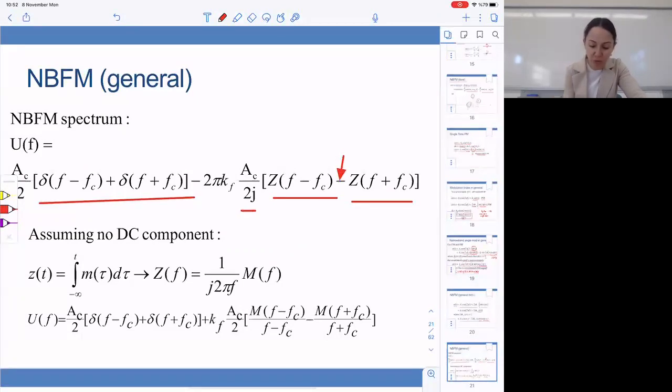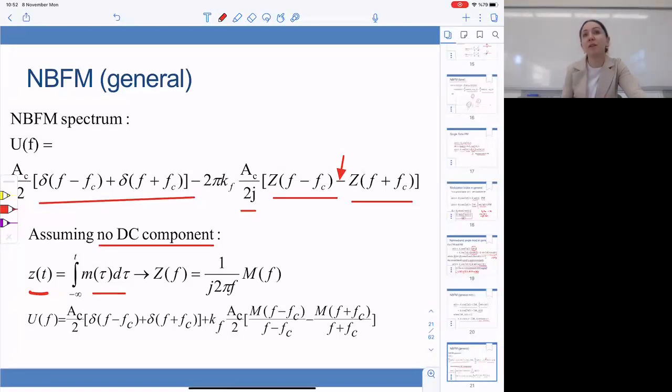And the 2j is also coming from the fact that instead of 1 over 2, we have 1 over 2j because this is a sine, not a cosine. Now, if there is no DC component in the message, which it's not going to be anyway, because why communicate a DC? It's true for digital and analog modulation alike. Z of t is, as you know, the integral of the message.